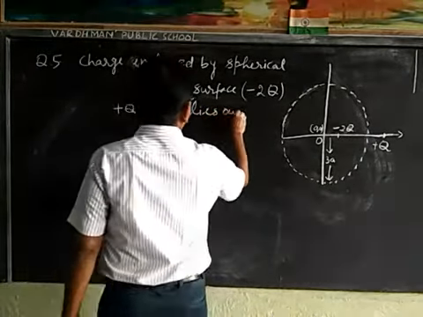Thus, we know the electric flux through the spherical surface, phi E, is equal to minus 2q upon epsilon naught.